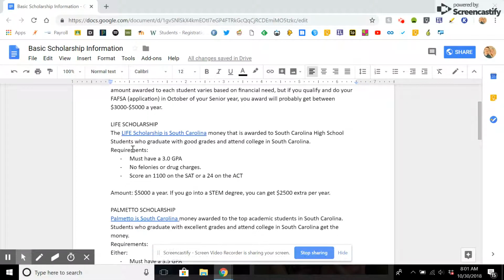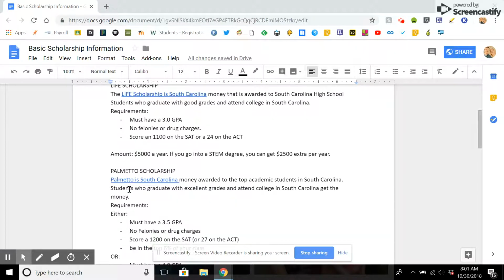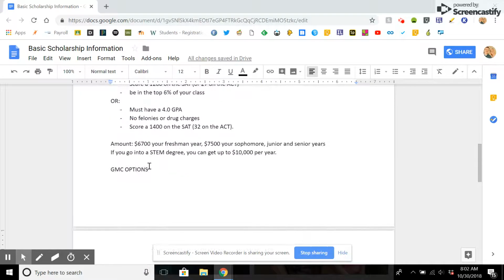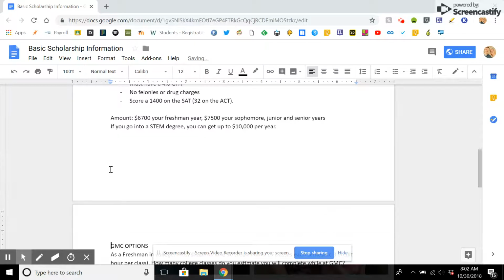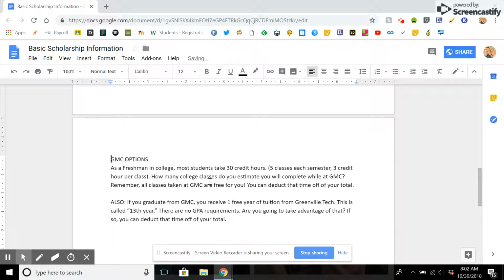The Life Scholarship, here are the requirements. You may or may not apply to you. The Palmetto Scholarship is another option. And then, of course, at GMC, there's GMC options, whether or not you take college classes, because obviously every single college class you take saves you and your parents money in the future. Okay, so let's take a look at this.